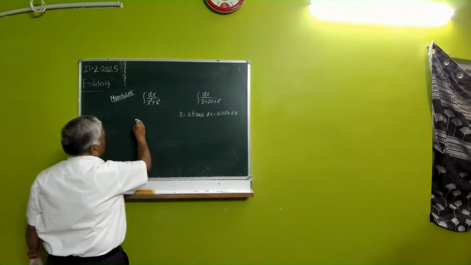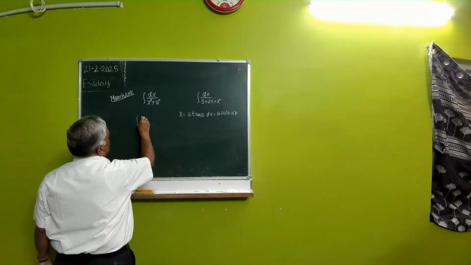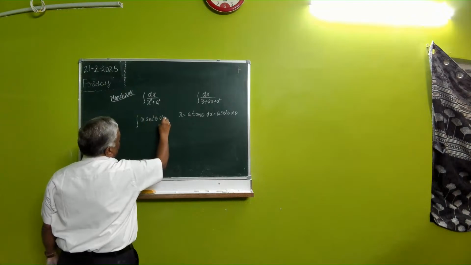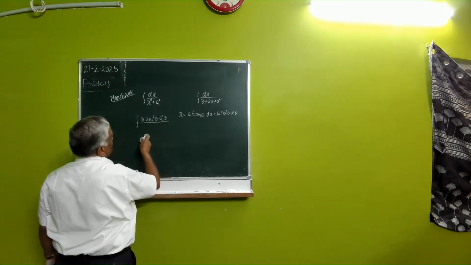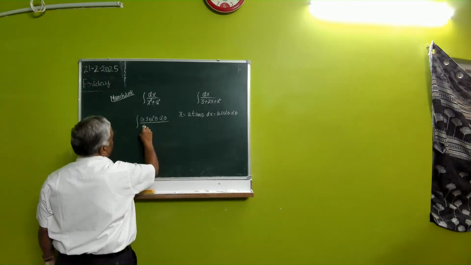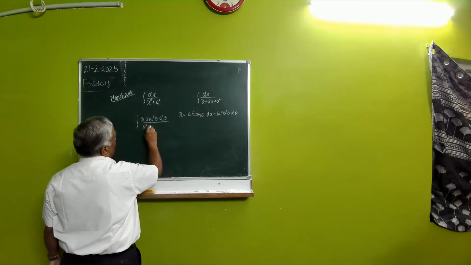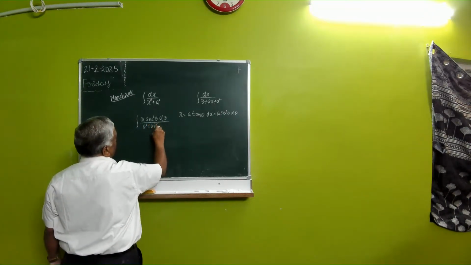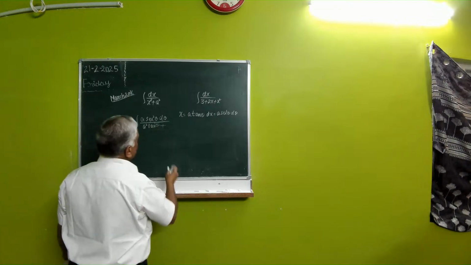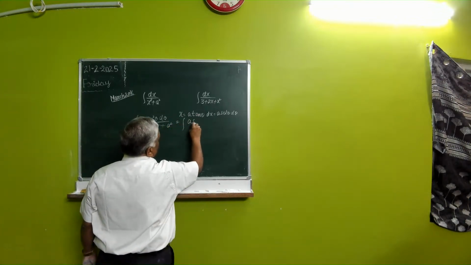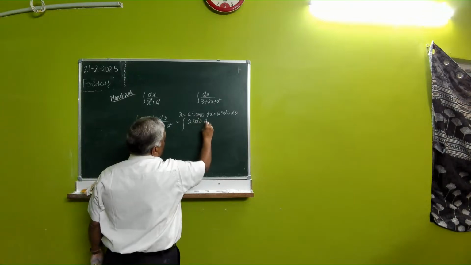So you substitute here. dx is secant square theta d theta. What is x square? x square is a square tan square theta plus a square. You can write this as secant square theta d theta.